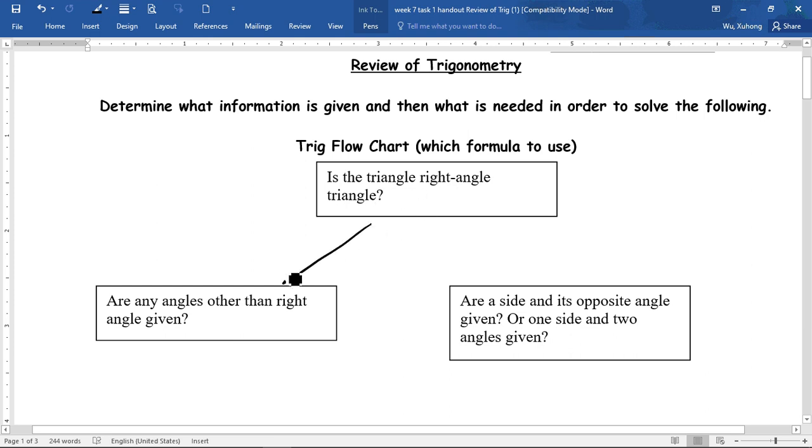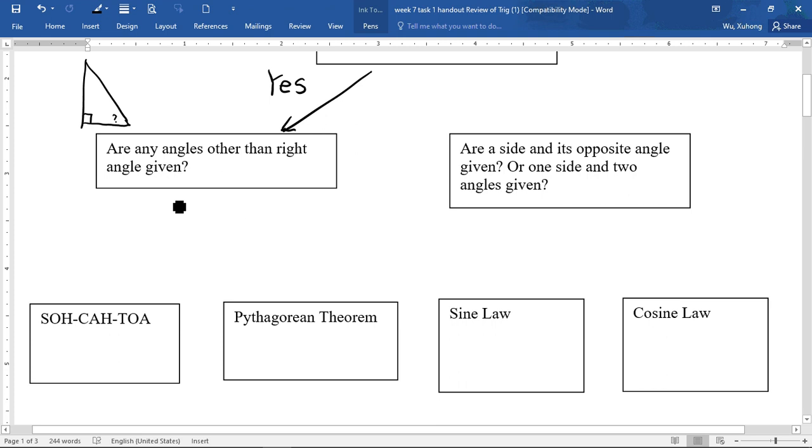If the answer is yes, then you go to the left, okay? Any angles other than the right angle given? So it means in a right angle triangle, do you have another angle given? If the answer is yes, then we continue on the left. You could use SOH-CAH-TOA.